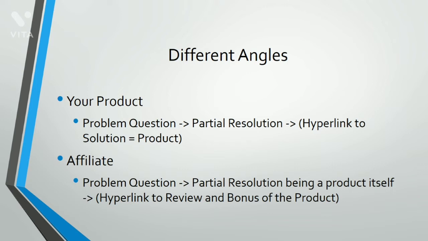So you could take the angle of your product up here, but to get higher conversions, what you might want to do is problem question, partial resolution being a product itself, and then maybe a hyperlink to the review and bonus of the product.